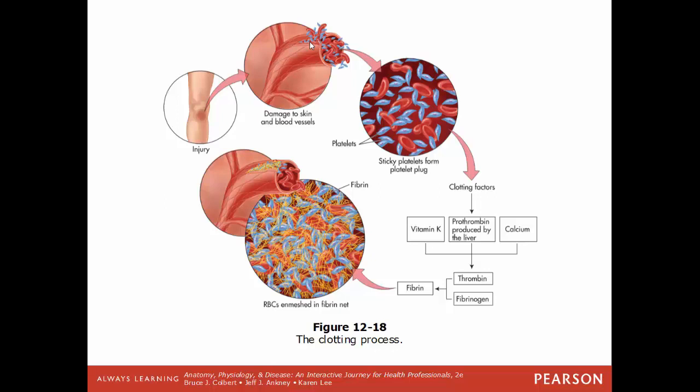So you have calcium playing a role with vitamin K and prothrombin. All those act together to convert prothrombin into thrombin. That will convert fibrinogen into fibrin, which forms basically a really sticky and strong spider web that catches all other blood cells as they travel by the area. And this area will get more and more clogged, forming the blood clot.